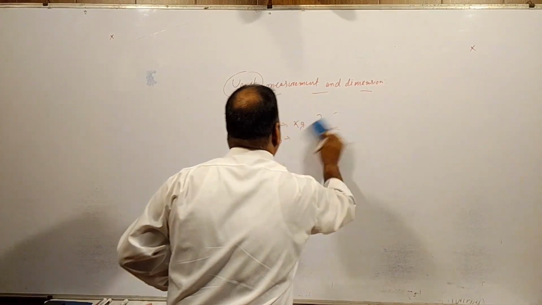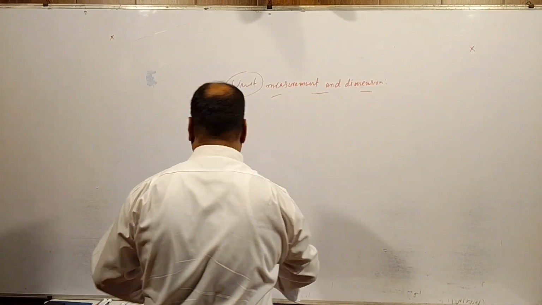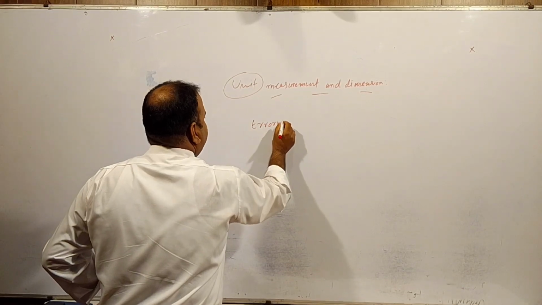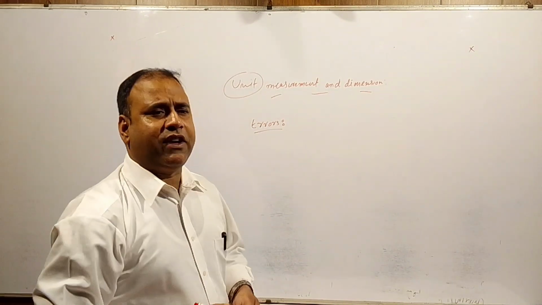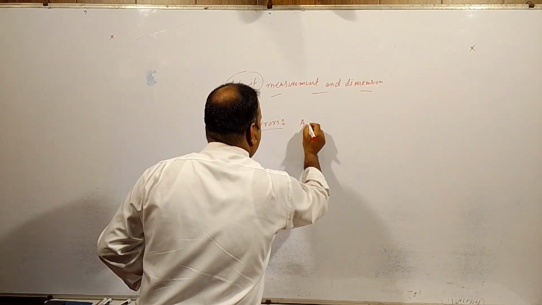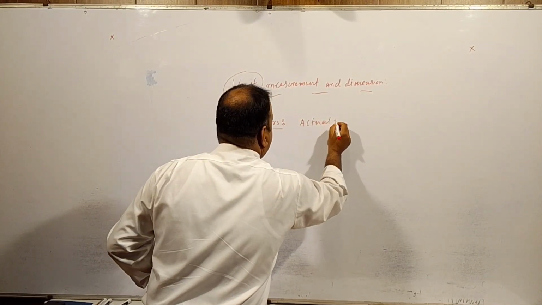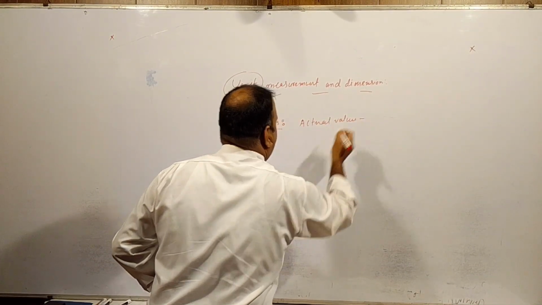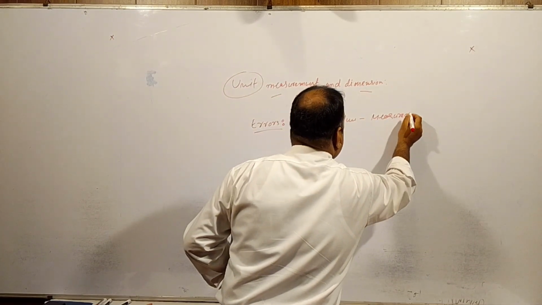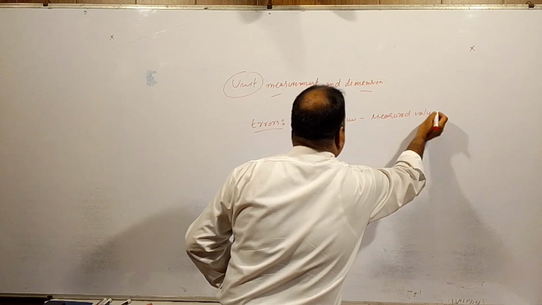So first you see error. When I am talking about the errors, what is the meaning of errors? Error means basically actual value minus measured value.